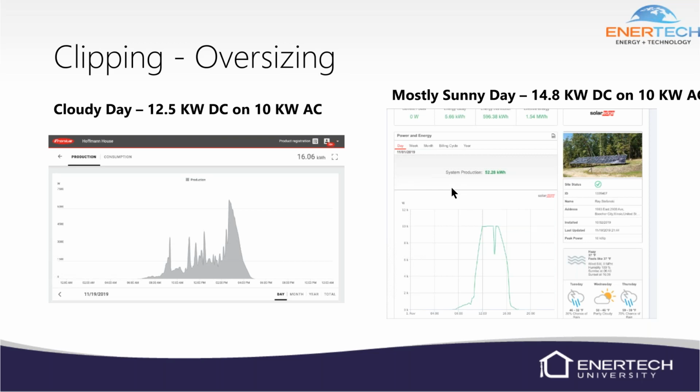So we just have to be prepared that on the days when it's really nice outside, we could be wasting DC energy going into the inverter. In the case on the right, like you were saying, John, you should have had more of a bell here, more rounded at the top, but we've cut it off, and that's going to happen. We did have some waste that day, but throughout the year we're going to be producing more kilowatt hours, to where it's worth it to waste some on the really nice days.